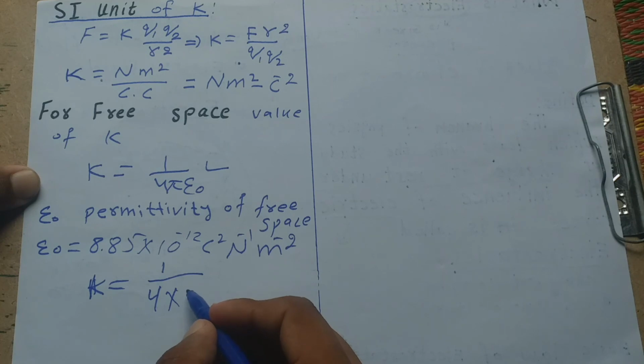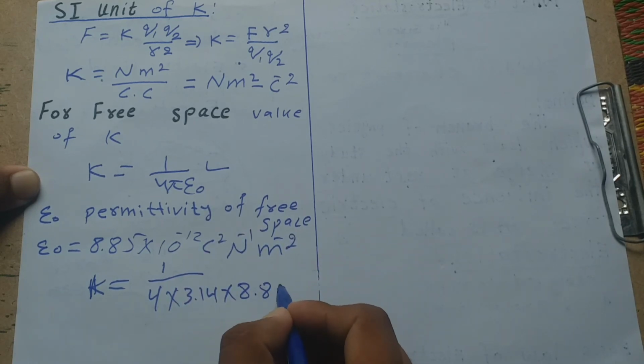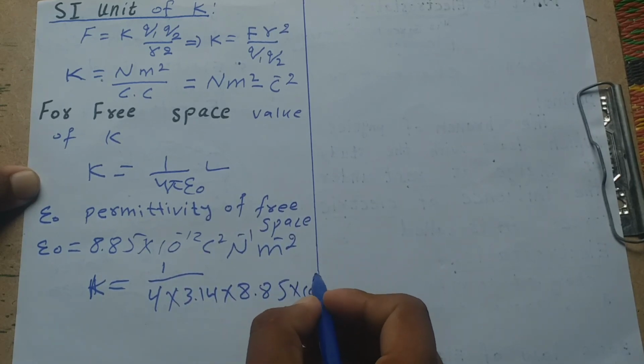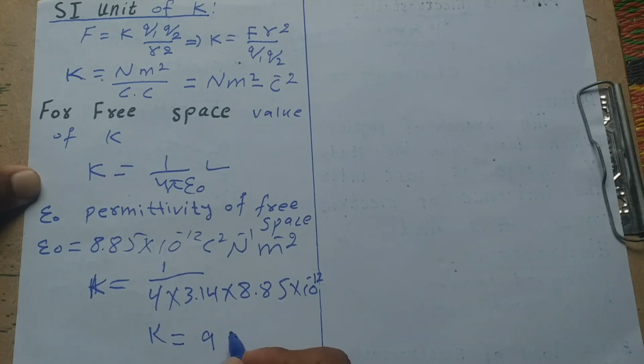We know that pi is equal to 3.14 and the value of epsilon we know. The value of K after calculation is 9 multiplied by 10 to the power 9 newton meter squared per coulomb squared.